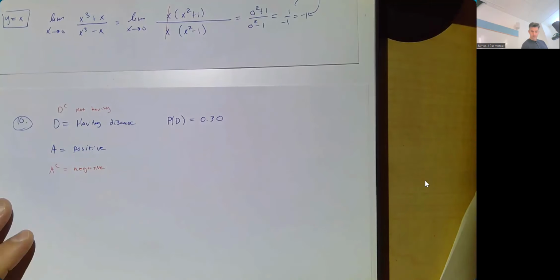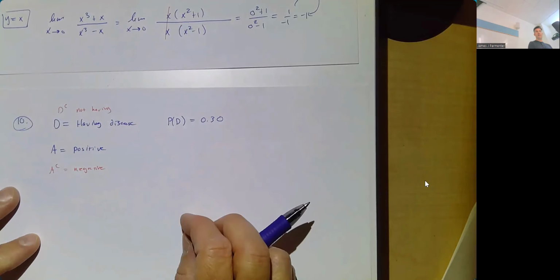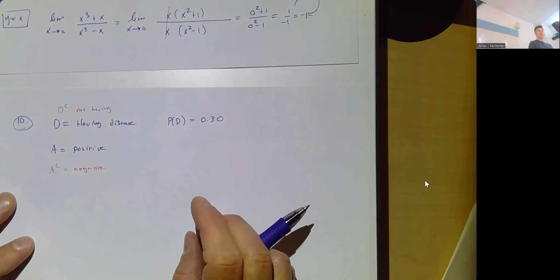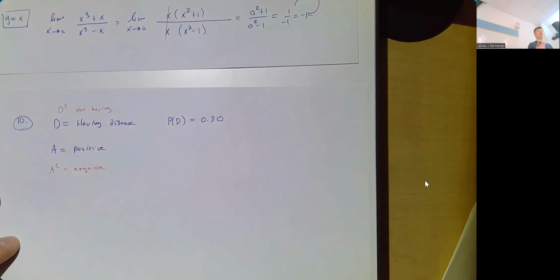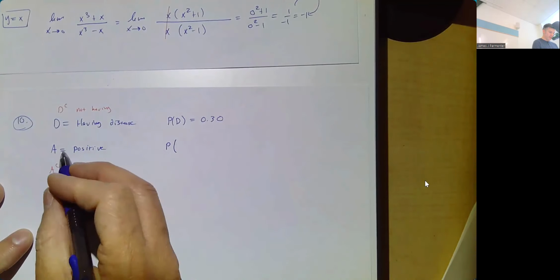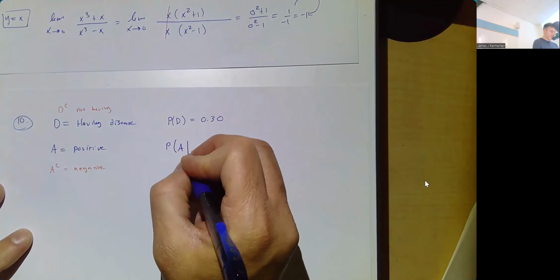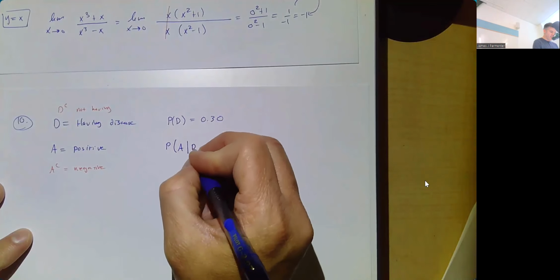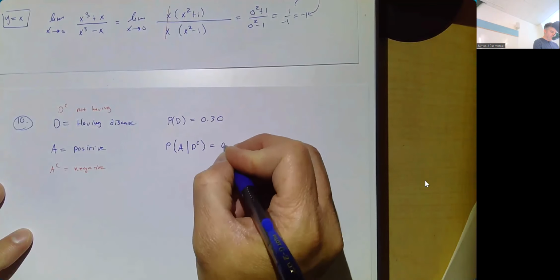Okay, so the false positive rate is 5%. A false positive is testing positive when you don't have the disease. So the probability of testing positive, given that you don't have the disease, is 5%.